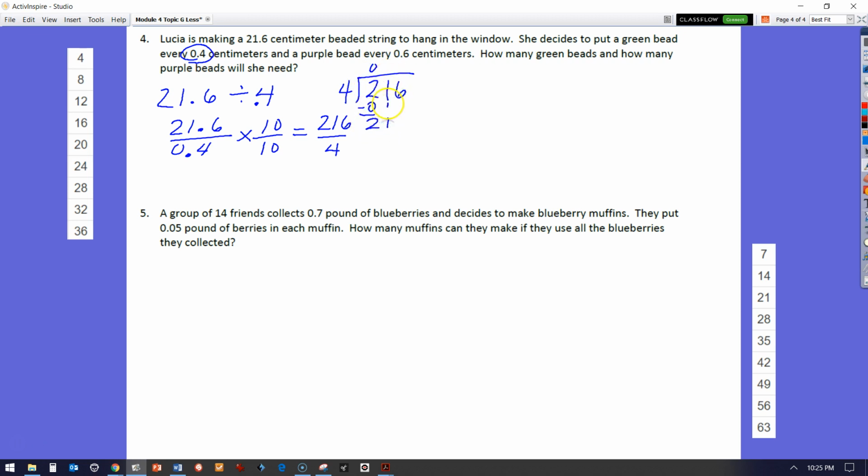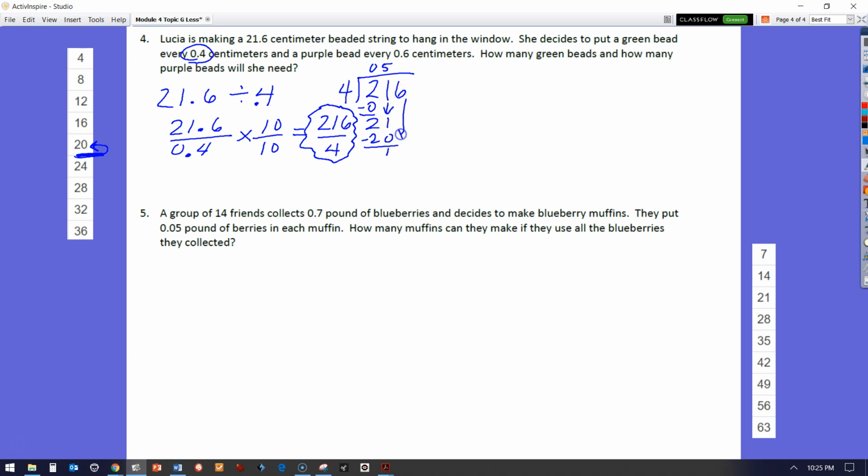Do my subtraction, bring down, and I have 21 divided by 4. Well, I know 21 is going to fall in between 20 and 24 on the multiples, and I'm going to go down to 20. That's going to be 5 times 4. 5 times 4 is 20.